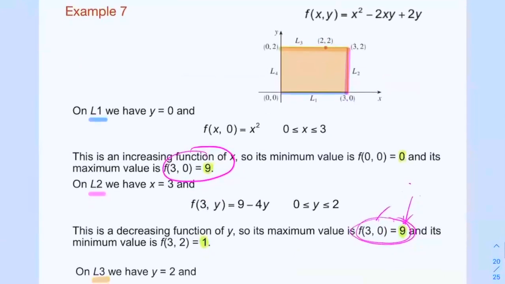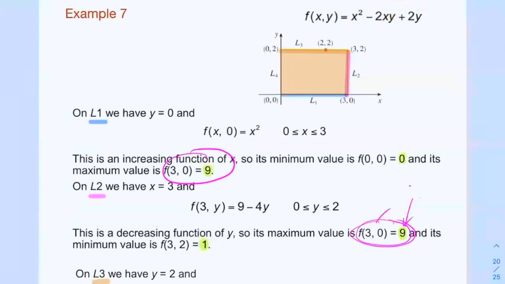So on L1 over here, this is on the x-axis, so y will be equal to 0. When you set y equal to 0, the second term will be equal to 0, so the function will be equal to x squared along this x-axis, and x is greater than or equal to 0 and less than or equal to 3.